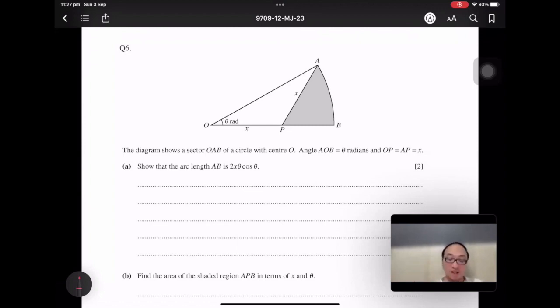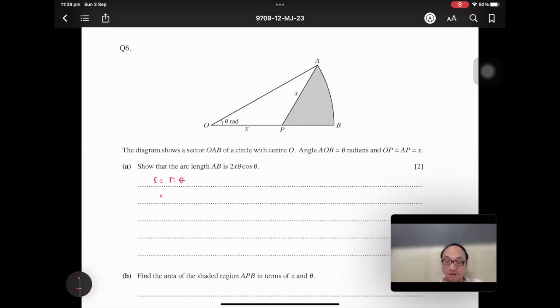Show that the arc length AB is 2x theta cos theta. So AB is the arc length. So the arc length has the formula arc equals r theta, with theta in radians. So the radius is OB, and then the angle is theta.